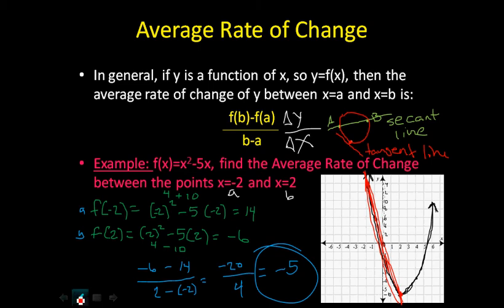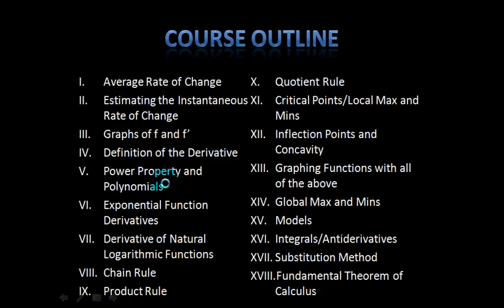So there's just a problem showing the average rate of change for this function between point A and point B. If you have any questions about average rate of change, feel free to leave a comment in the video. Otherwise, go ahead and go on to lesson 2, which will be on estimating the instantaneous rate of change.